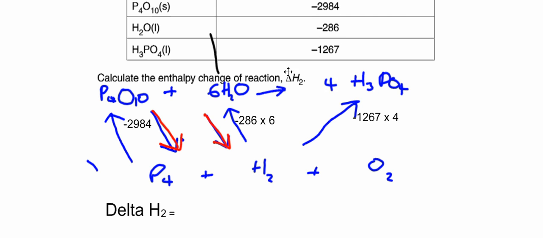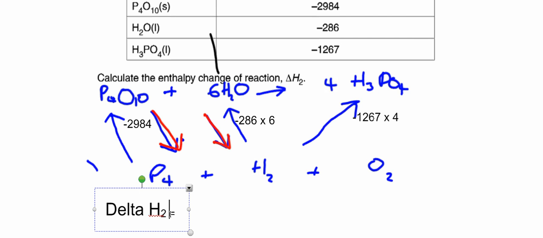I want to work out what my delta H2 value is, which is this enthalpy change here. To do that, I want to travel around the cycle this way. So I'm changing the direction of my arrows here and here, and so ultimately that means I'm changing the sign.